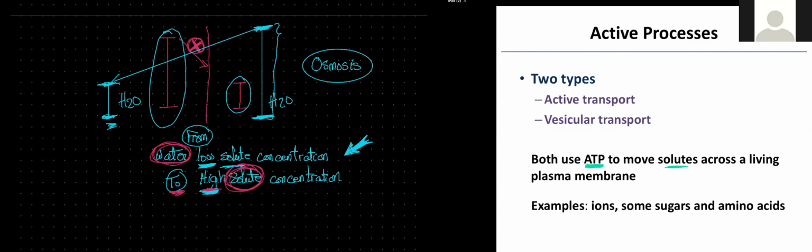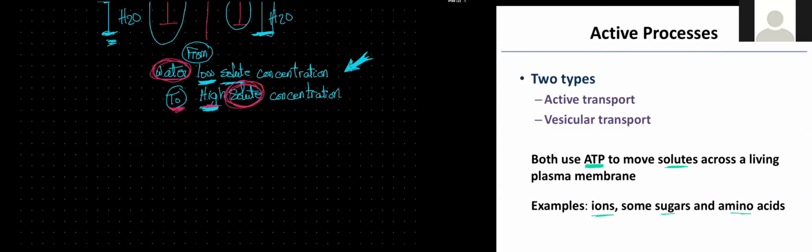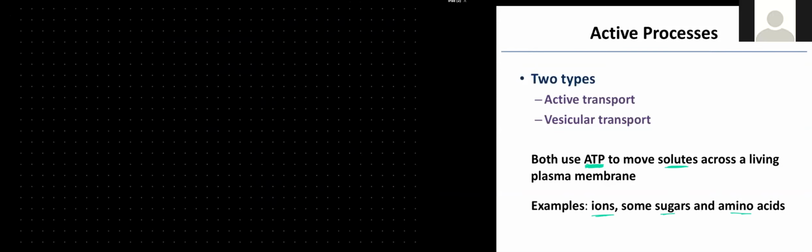It might be an ion, it might be sugar, it might be an amino acid. So we have many, many examples in which we're going to be using active membrane transport to transport a certain solute from one side of the cell membrane to the other.